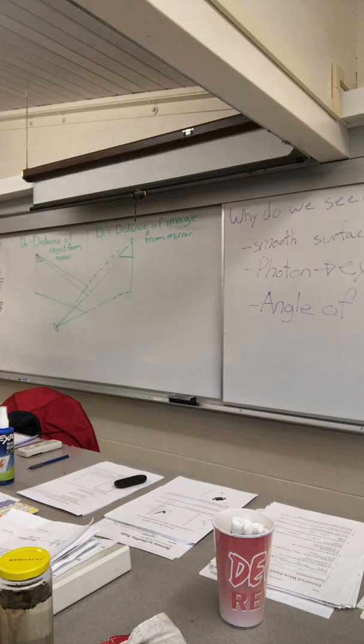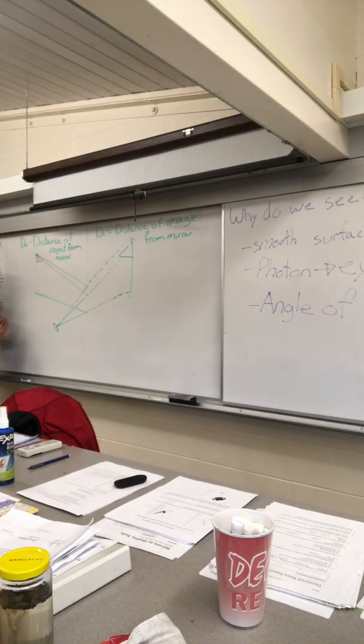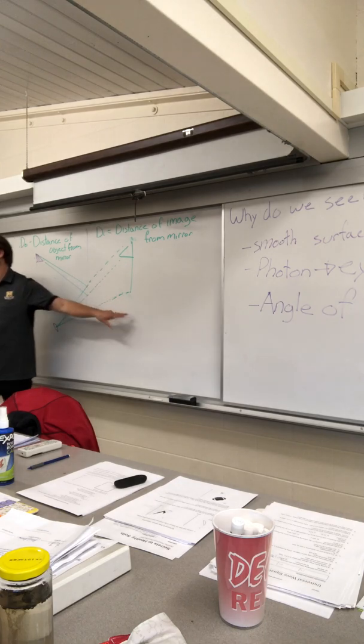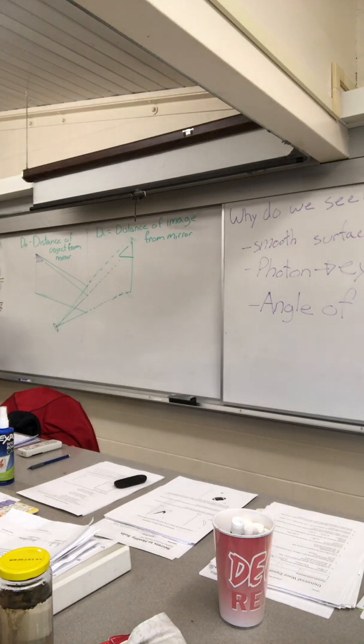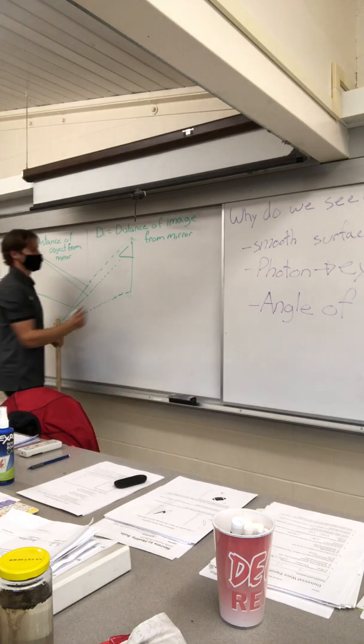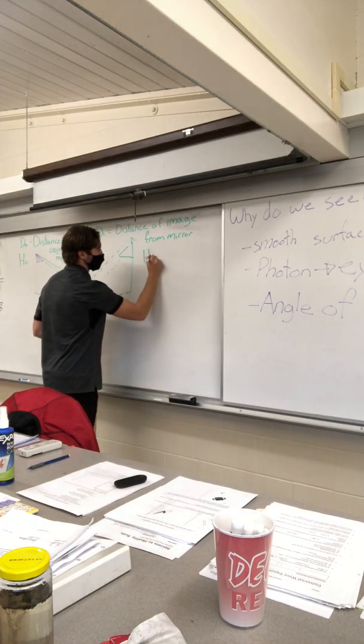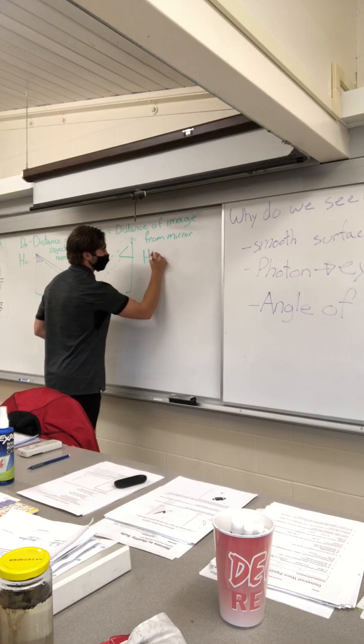Now there's two more ways to describe this image. We can talk about the height of the object and the height of the image. And so it'll be the exact same thing. We'll call that HO. And we'll call that HI. Okay?